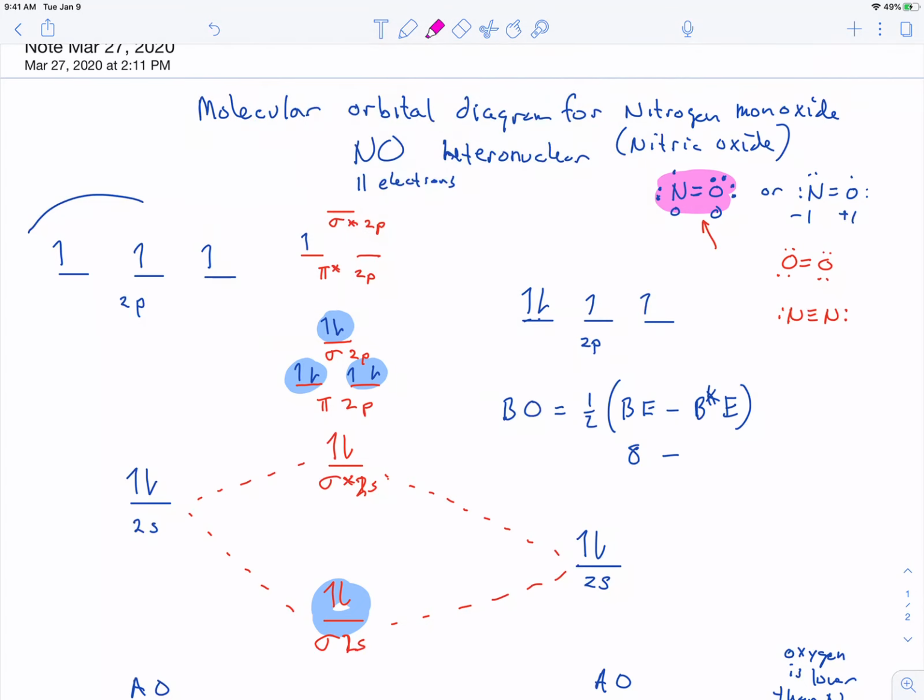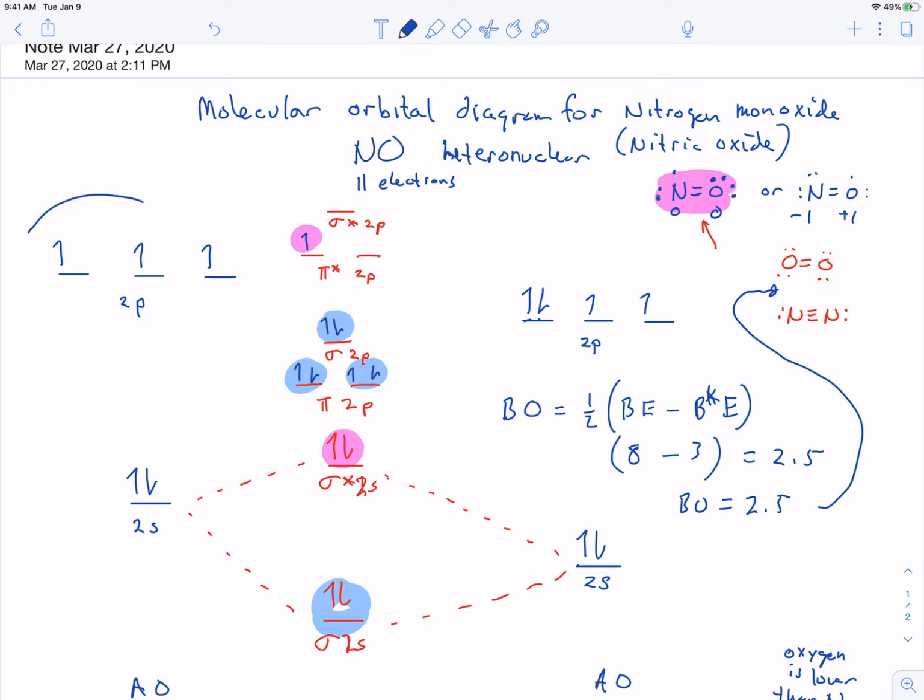We'll highlight those in pink. We've got 1 there and 2 there. So that is minus 3. So 1/2 of 5 equals 2.5. So the bond order equals 2.5. And I told you earlier that the bond strength, as it's been measured, is in between oxygen and nitrogen. All 3 of them have been measured, and nitric oxide falls in between.